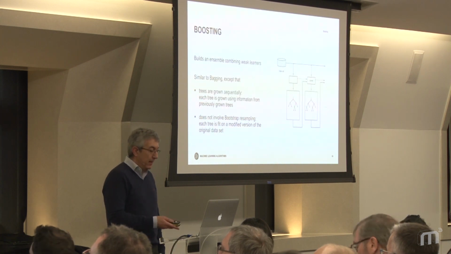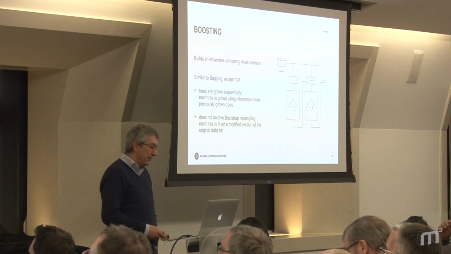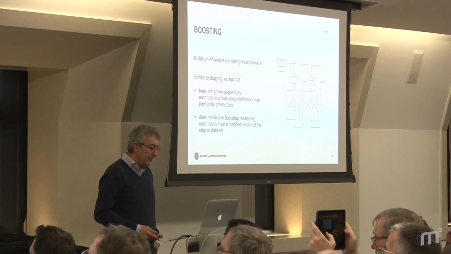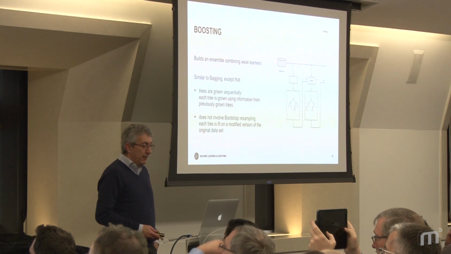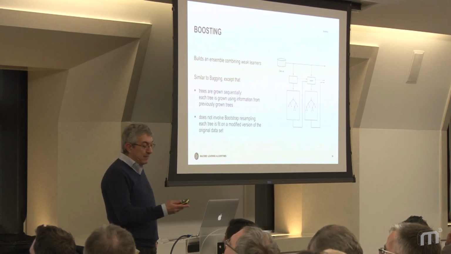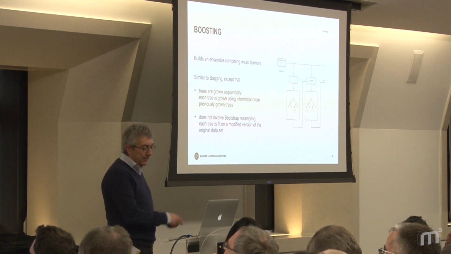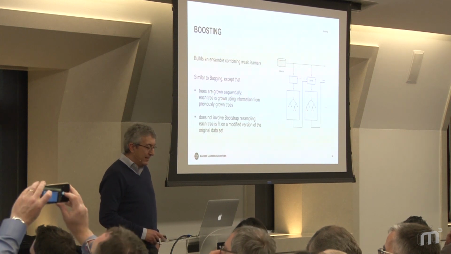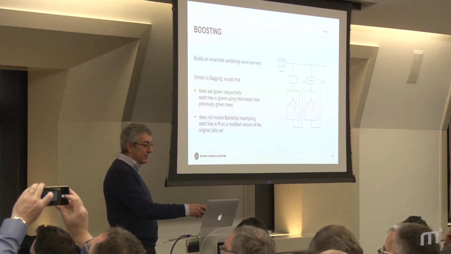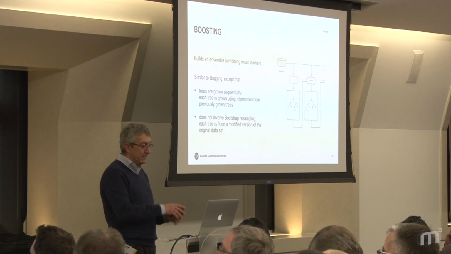To conclude, in terms of ensembles of trees, boosting is a family that is similar in concept to bagging and random forest, but the weak learners are combined not in parallel but in sequence.